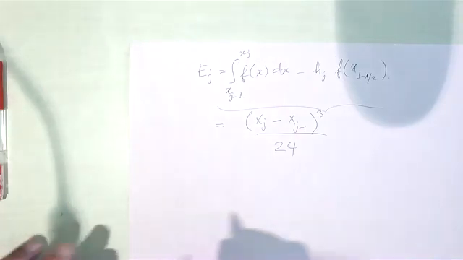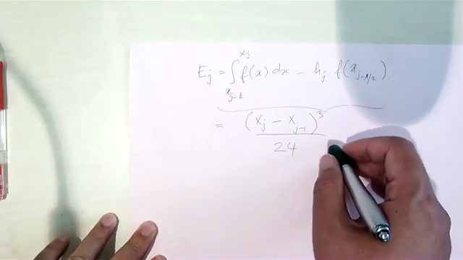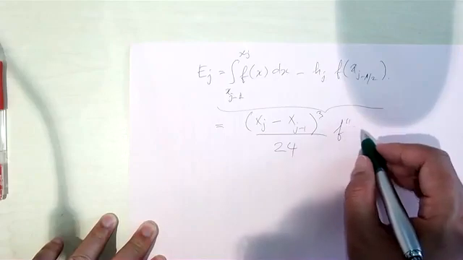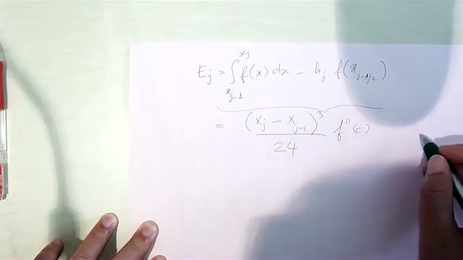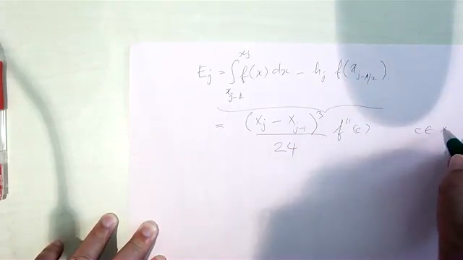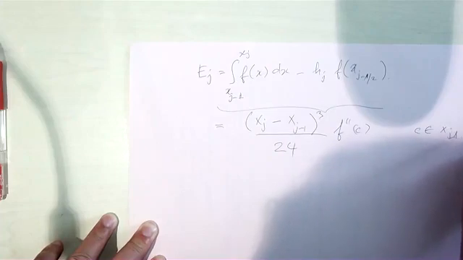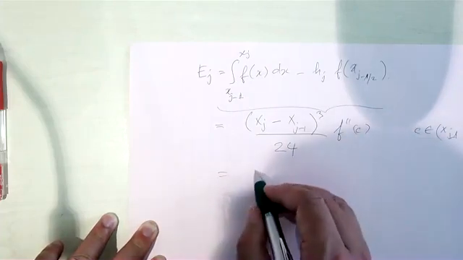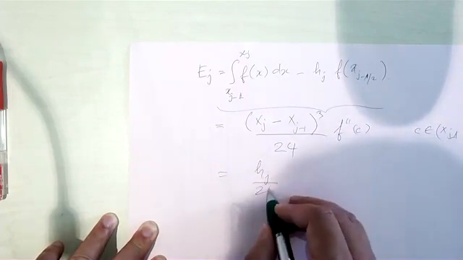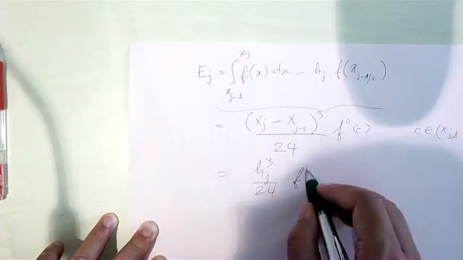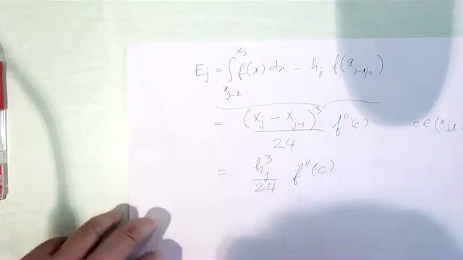Yes, that's the midpoint rule, so it involves the second derivative, where c is between xj minus 1 and xj. And this one is just (hj) cubed over 24 times f double prime of c.